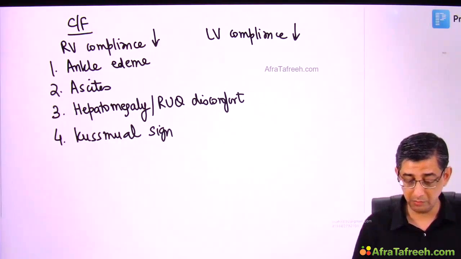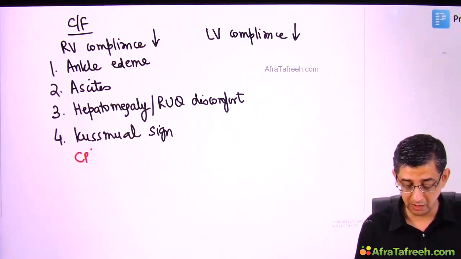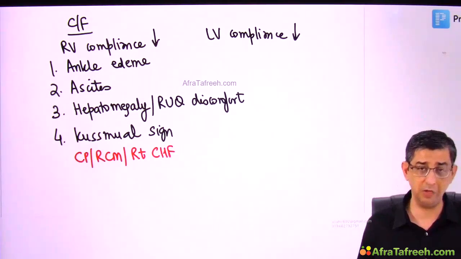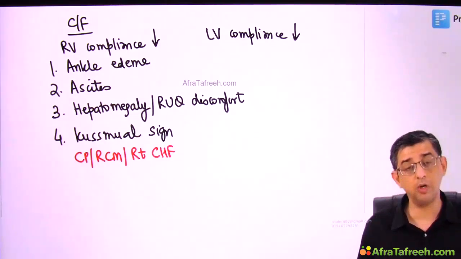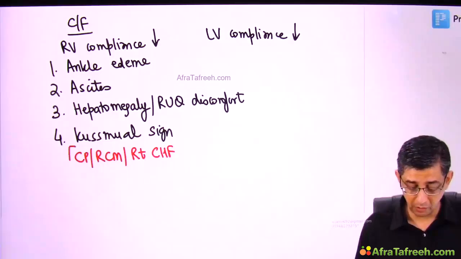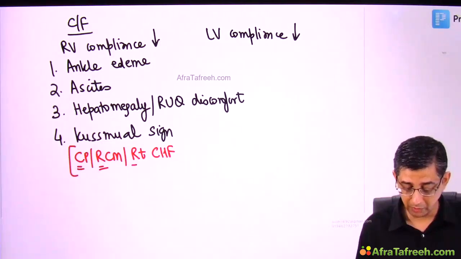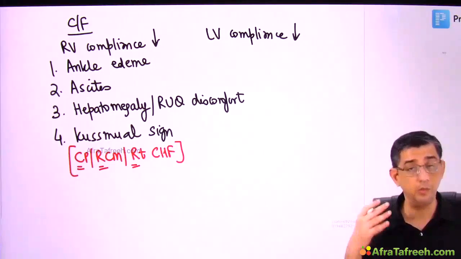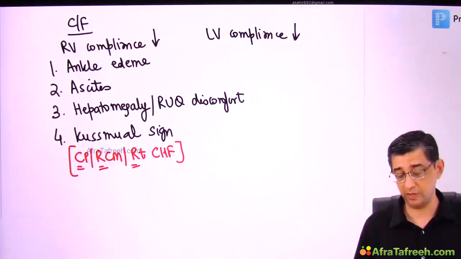In fact, this would be worthwhile to highlight once again: constrictive pericarditis, RCM, and right-sided congestive heart failure. Etiologies of right-sided heart failure can be right ventricular MI, or it could even be pulmonary. But once you get this CRR right, that would be the reasons for Kussmaul sign, which basically means that instead of a normal fall of JVP, there is a paradoxical rise.